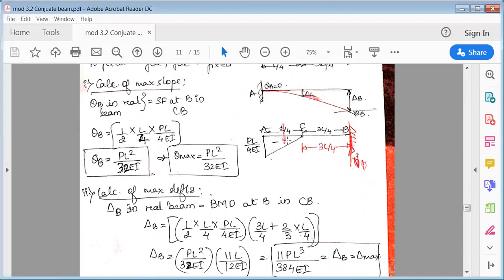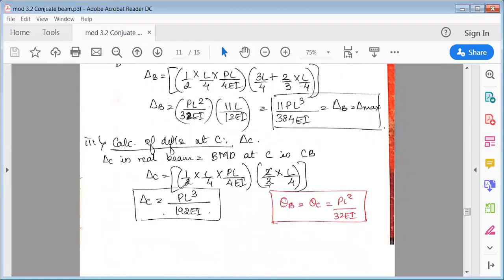Because you're measuring delta C, you have to take the bending moment with respect to C only, so only this distance. The centroid of a triangle measured from the apex is just 2/3, so it is 2/3 of L by 4. So delta C is PL cubed by 192 EI.